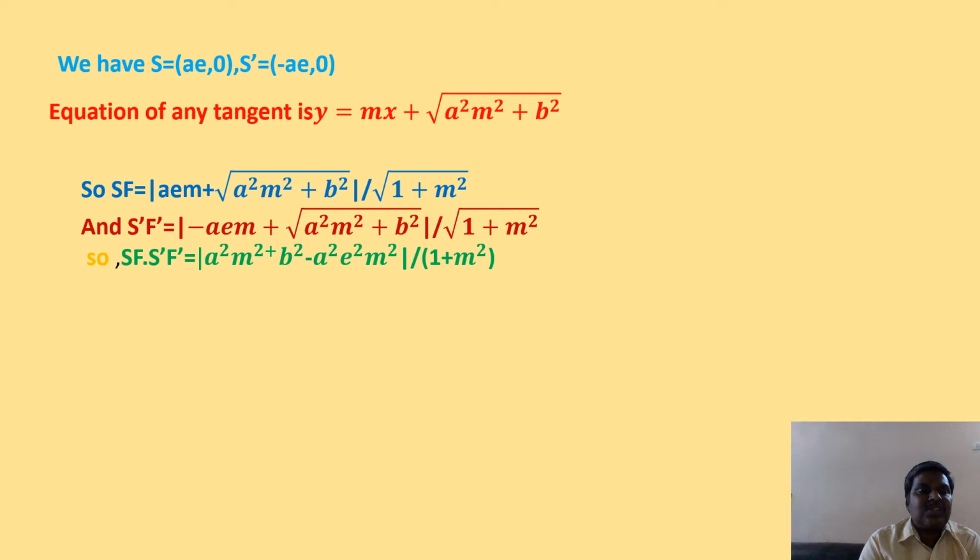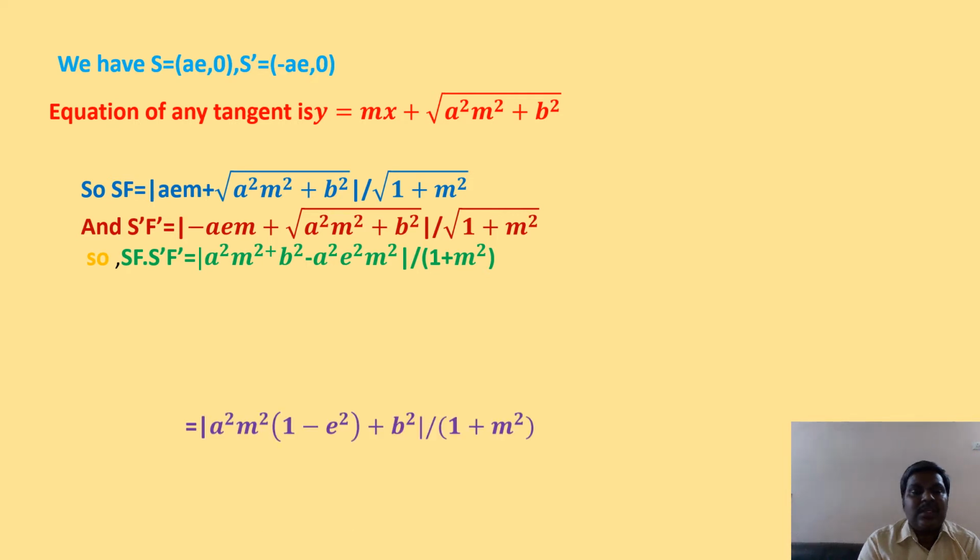The square roots in the denominator cancel out. That is modulus of a square m square plus b square minus a square e square m square, whole divided by root of 1 plus m square into root of 1 plus m square, that is nothing but 1 plus m square. So modulus of a square m square plus b square minus a square e square m square, whole divided by 1 plus m square.